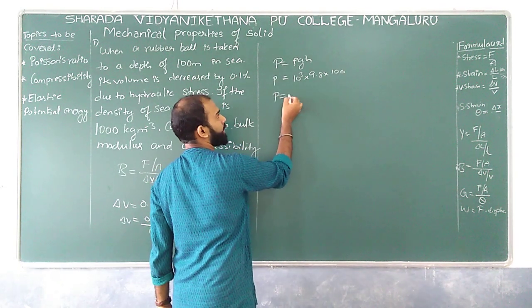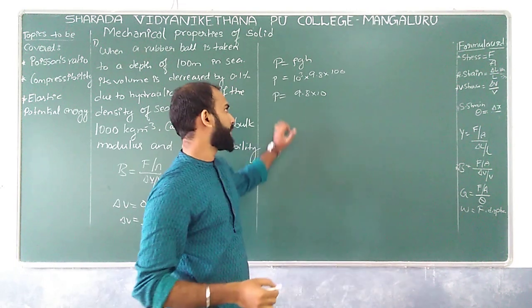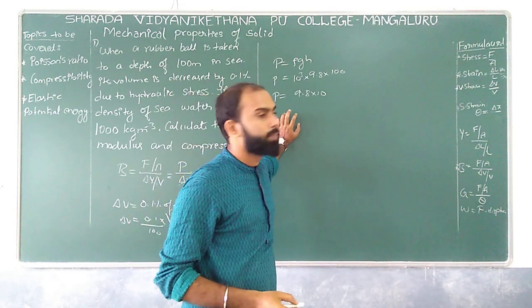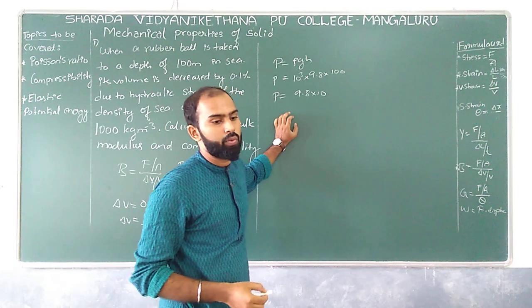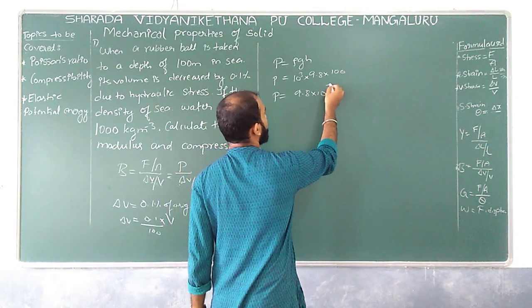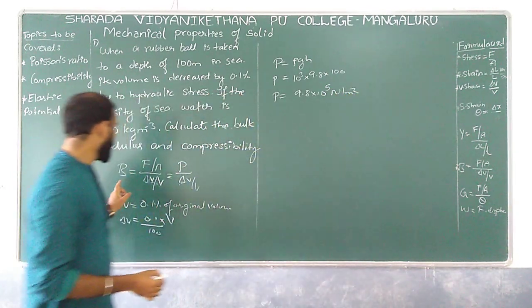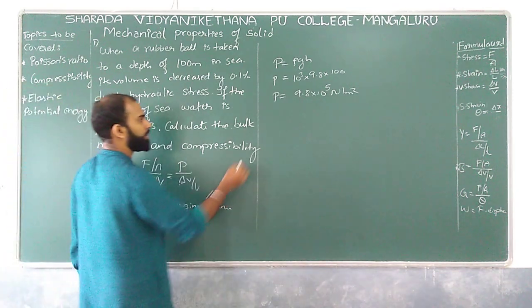Now what is the pressure? Pressure is equal to 9.8 into 10 to the power 5, in Newton per meter square. So how do we apply bulk modulus over here?